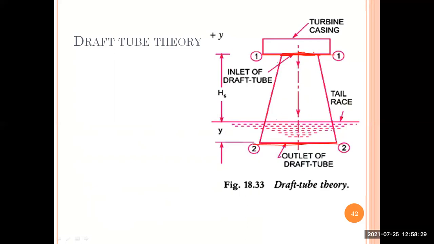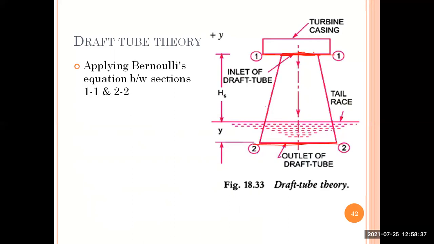As we have considered section 1 and section 2 at the inlet and outlet of the draft tube, let us apply Bernoulli's equation. You already know Bernoulli's equation, that the sum of the energies at any section is the same. That is, the sum of pressure energy, kinetic energy, plus the datum energy remains constant.